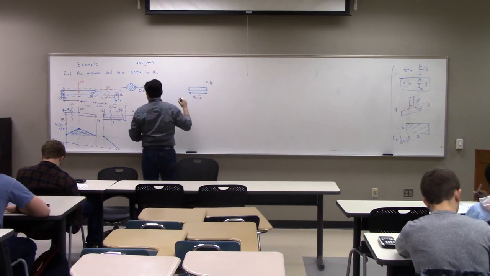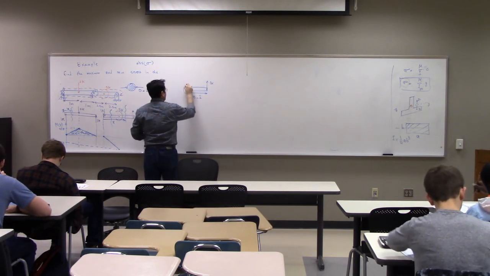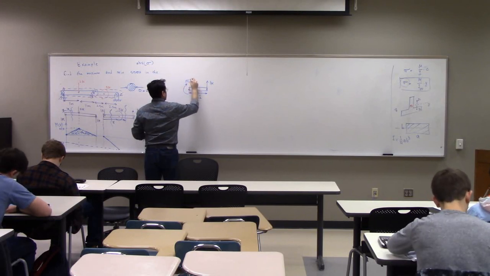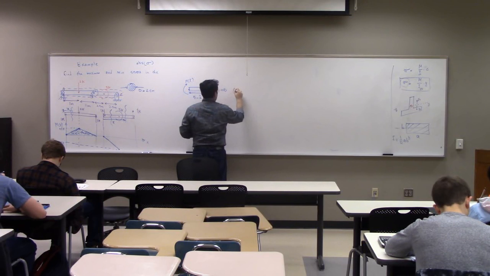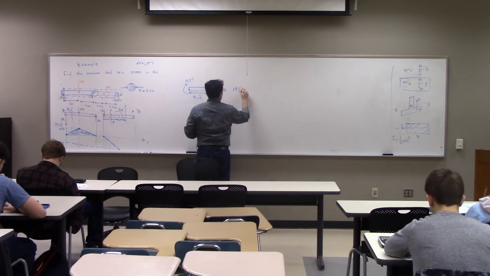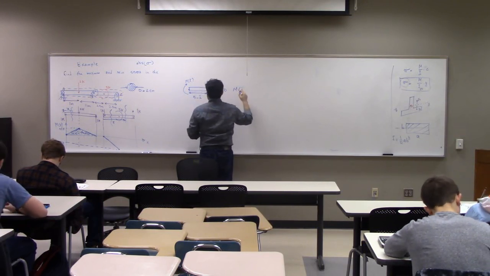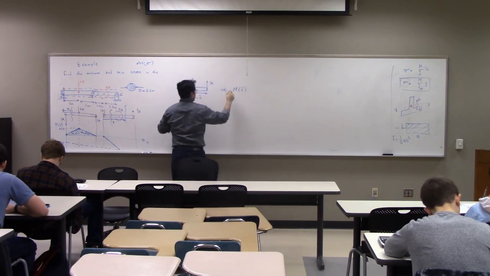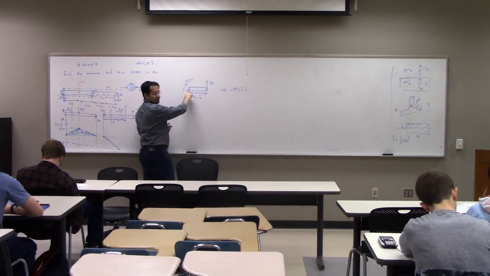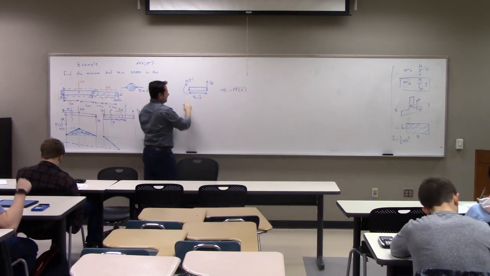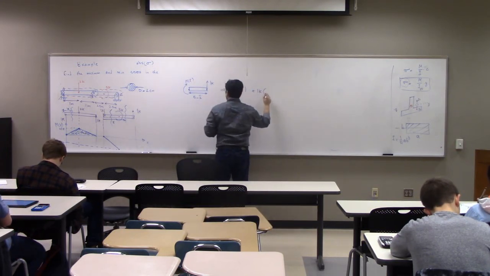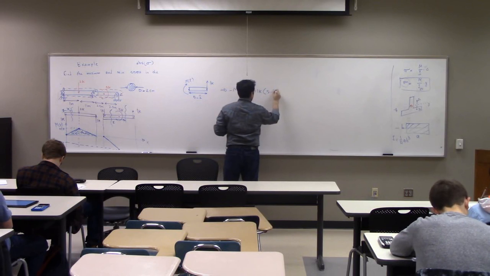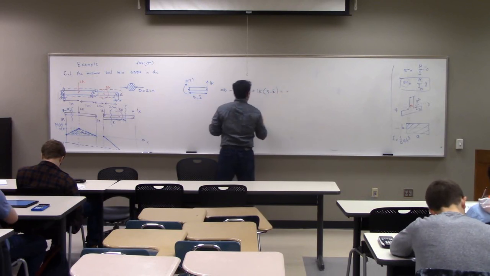And then you have nothing else except M x bar, and forget about this. So then you get M x bar with the sign negative, summation of moment over this point. So negative M x bar plus 1k times 5 minus x bar is equal to 0.